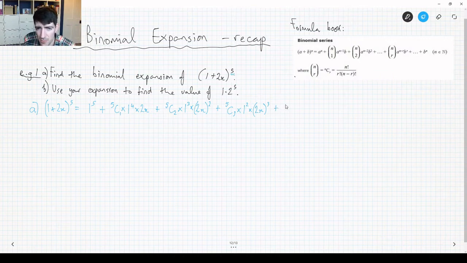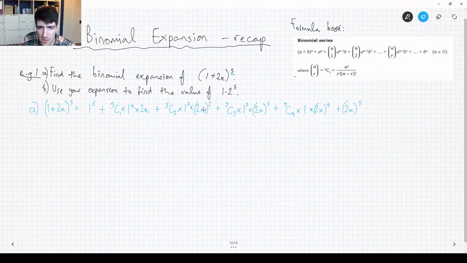That will be important for other questions. 5C4 times 1 to the 1 times (2x) to the 4. And then the last term would be 5C5, but that will just be 1, in the same way 5C0 was. 1 to the 0, which will just be 1, and then we've got (2x) to the power of 5.